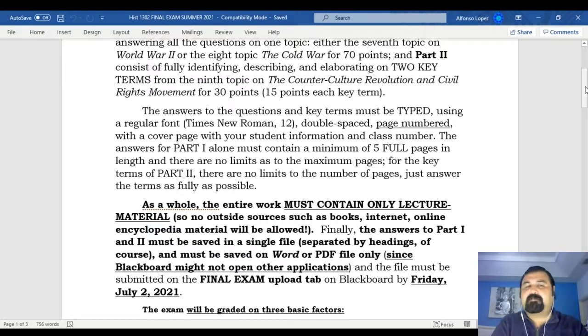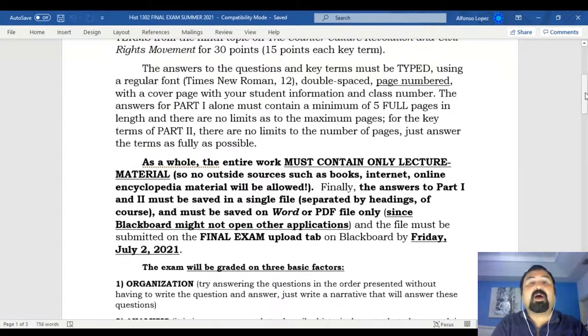And for part one, just part one, you must have 5 full pages. That's very important. Just for part one alone, I'm expecting 5 full pages double spaced.